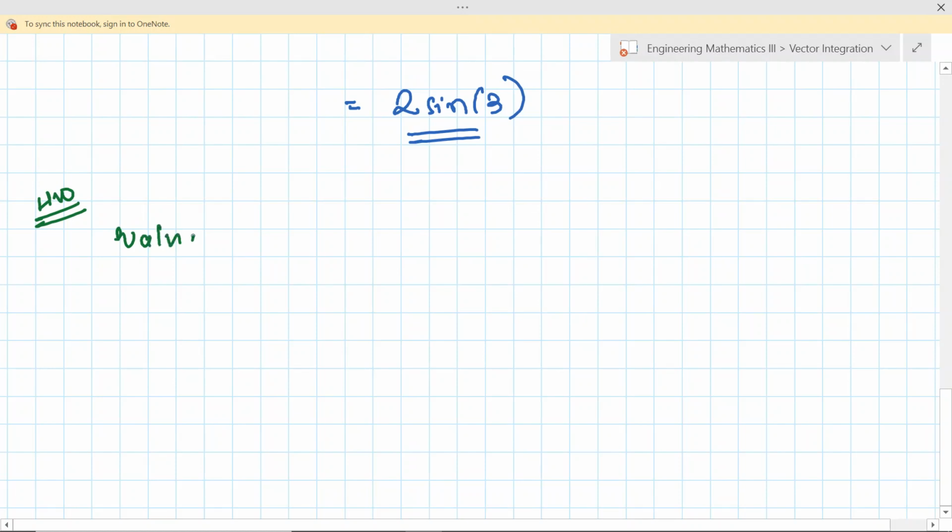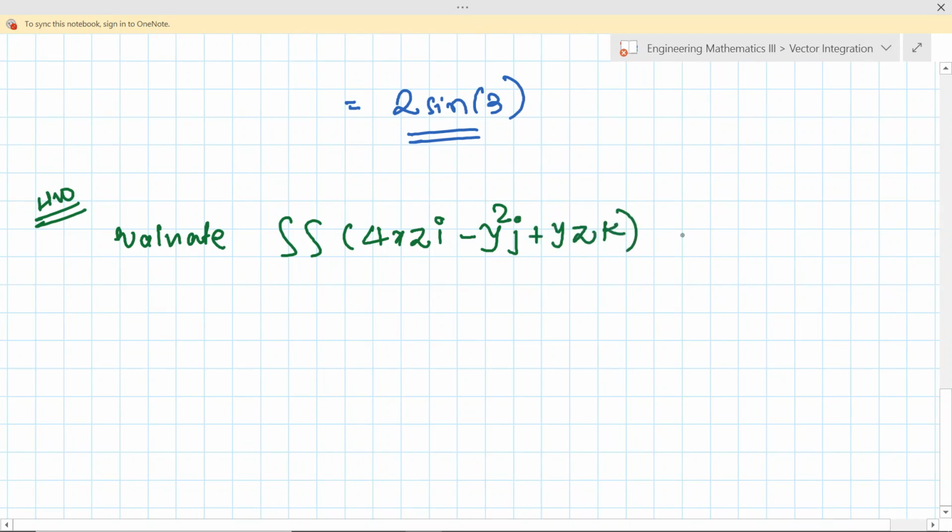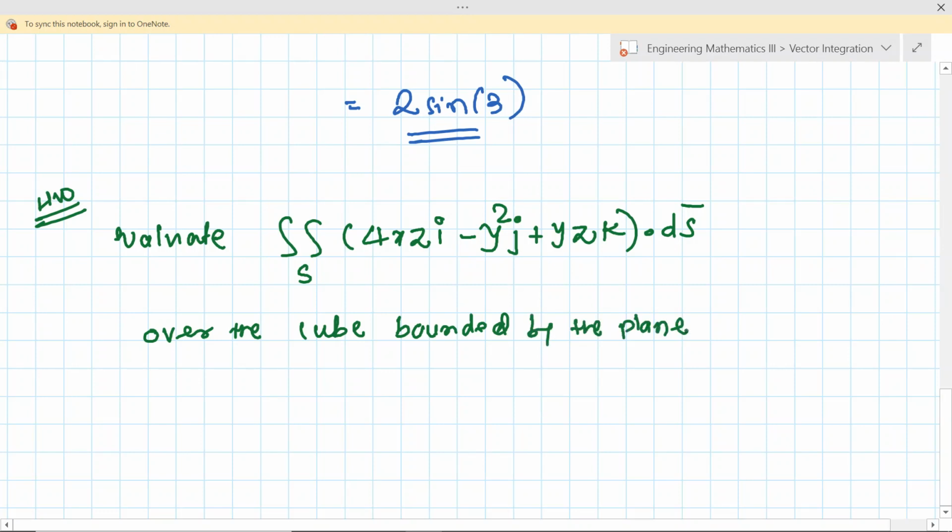Evaluate the surface integral of 4xz i minus y square j plus yz k dot ds bar over S, over the cube bounded by the planes x equal to 0, x equal to 2, y equal to 0, y equal to 2, z equal to 0, z equal to 2.